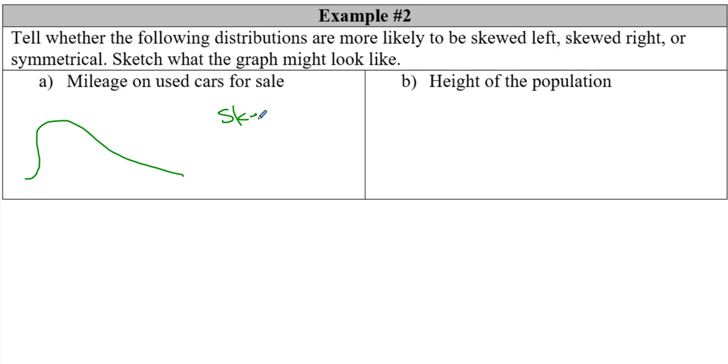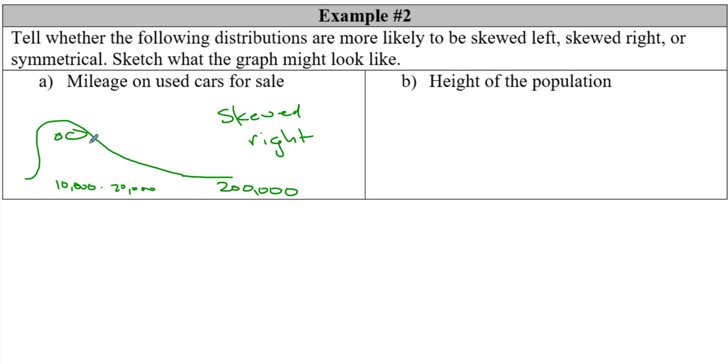The reason this is skewed right, let's think about it. The mileage on used cars that are for sale. Let's say this is the high end of mileage at 200,000. When you buy a car, most of the time you want to buy a car that is reliable. So people aren't really going out buying cars that have 200,000 miles on them. Typically, people are buying cars that are anywhere from, I don't know, maybe 10,000 to 20,000 miles.